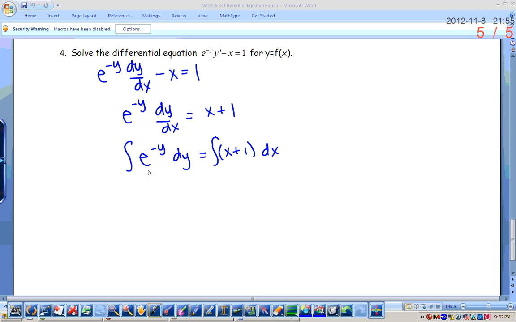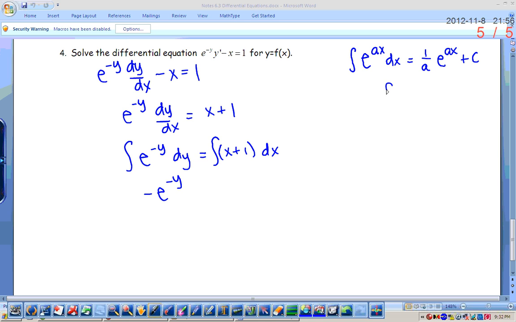All right, the integral of e to the negative y dy is negative e to the negative y. You could do a u substitution, letting u equal negative y. Or remember how we talked in class that the integral of e to any number times x is 1 over that number times e to the ax plus c.